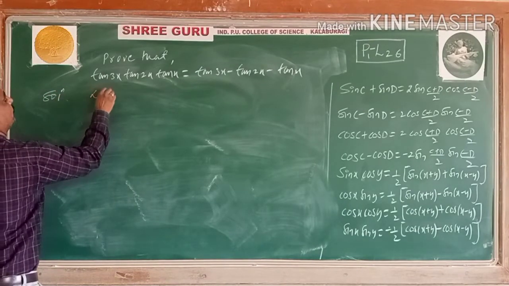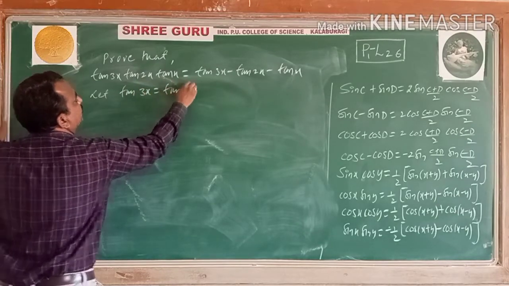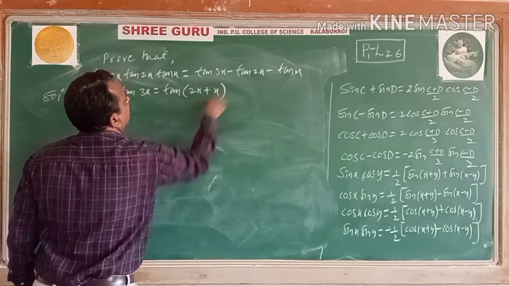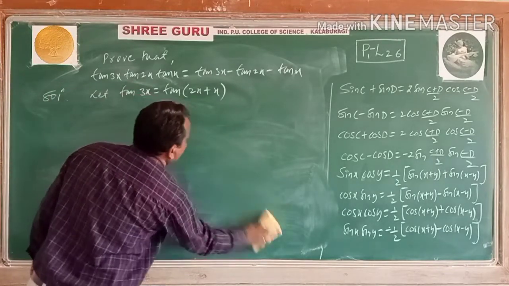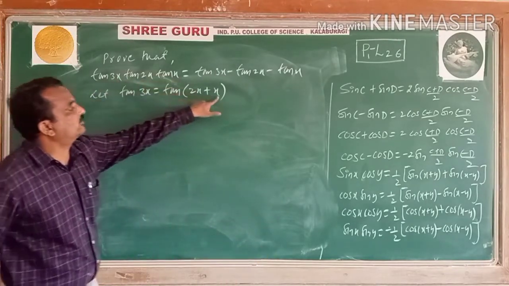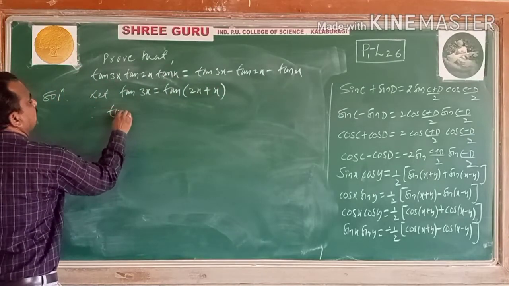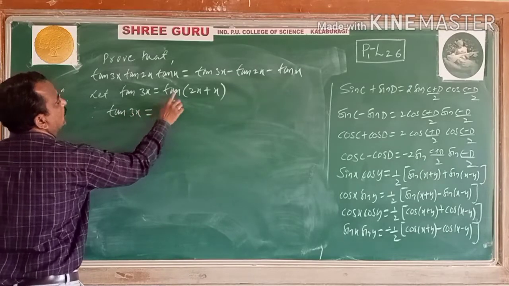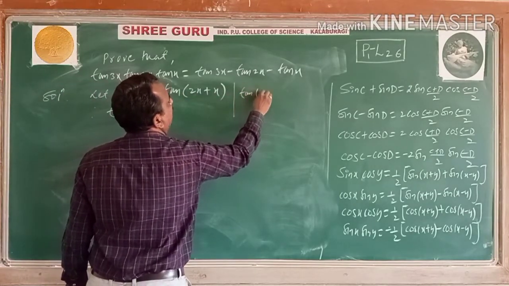Let tan 3x be written as, shall I write 2x plus x? Is it possible, right? So tan 3x is equal to tan of 2x plus x. What is tan of x plus y?